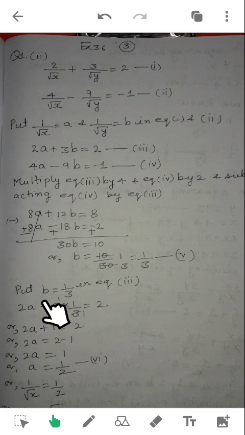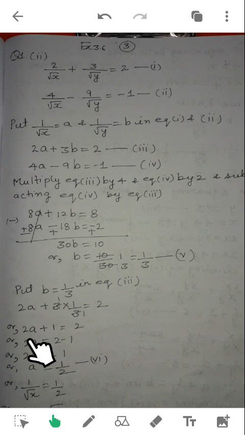Now we put b is equal to 1 by 3 in equation 3. You can put it in either the fourth or the third as per your convenience. I have put it in equation 3. In place of b, I take 1 by 3. Now 2a will remain as such, plus 3 into 1 by 3 is equal to 2. This 3 and this 3 will cancel out.